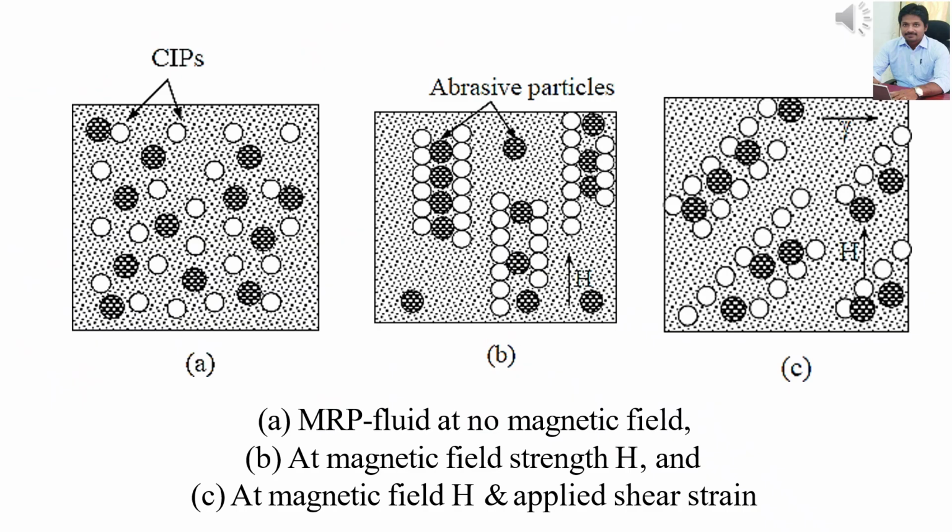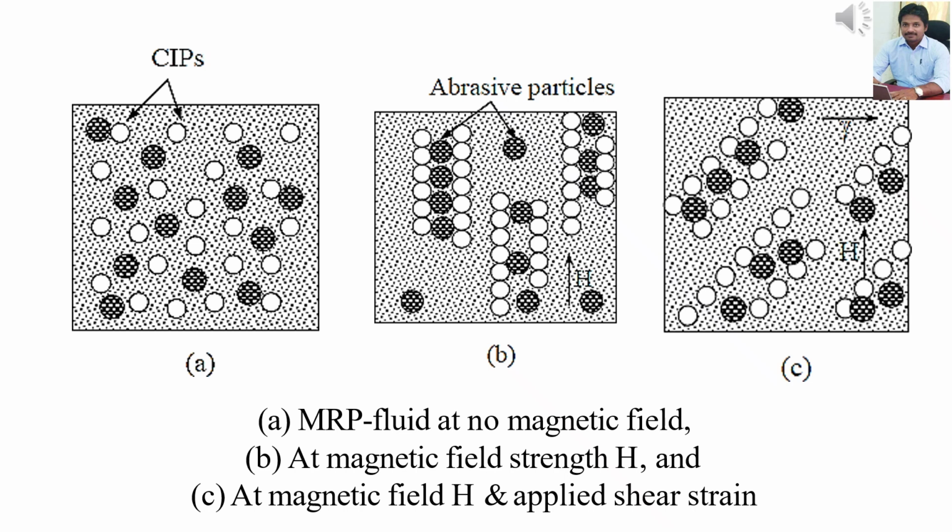Figures A, B, and C clearly show that initially the particles are randomly distributed in the fluid in the absence of the magnetic force. Once the magnetic effect acts on the particles, they tend to align together like a chain.